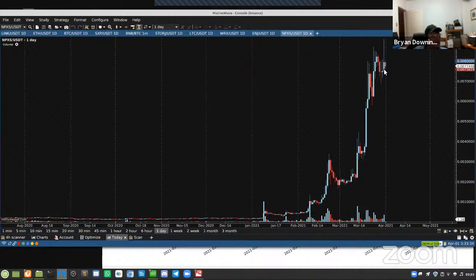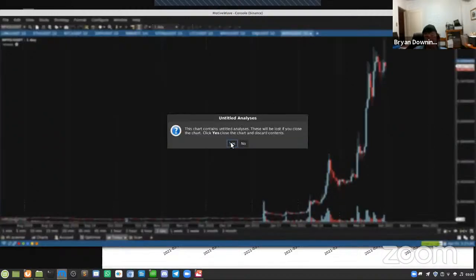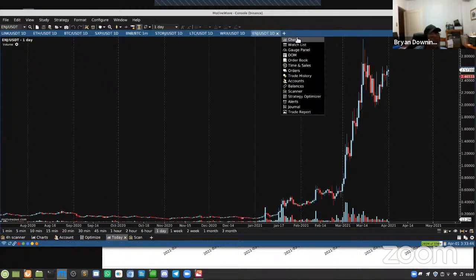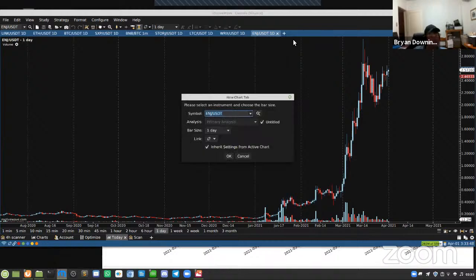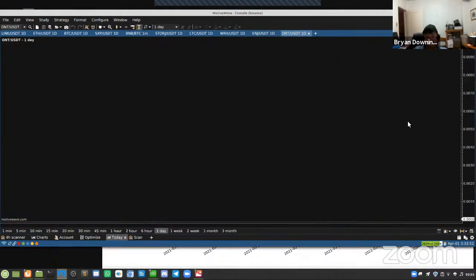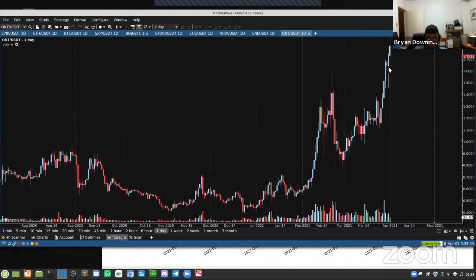Update yesterday, down today, 55% out of 9, and 1 more, which is Ontology. So that's 13 positions for Ontology at a 50% win ratio. Ontology USDT. Yep, so yesterday it's on a good tear as well.